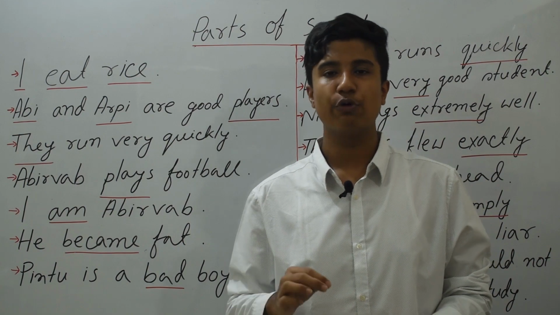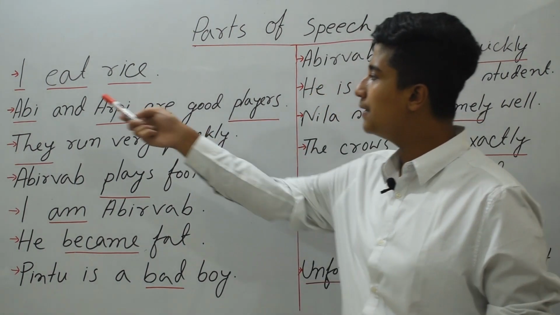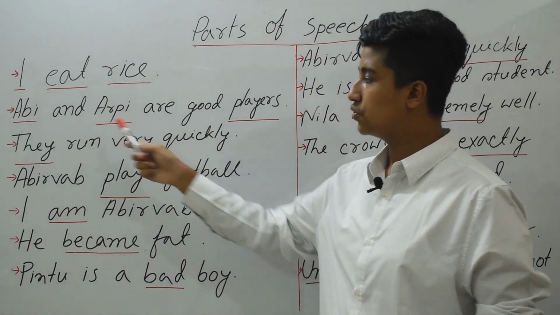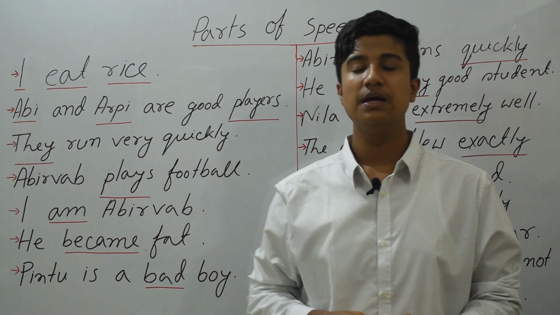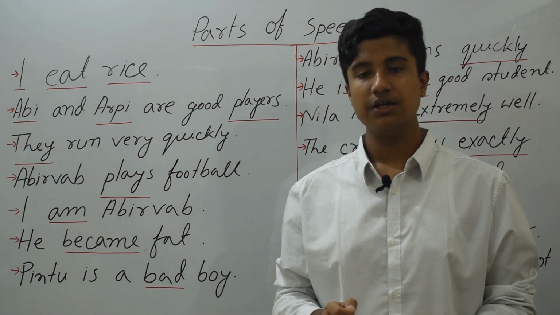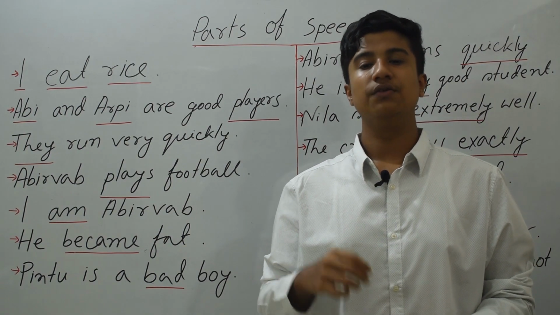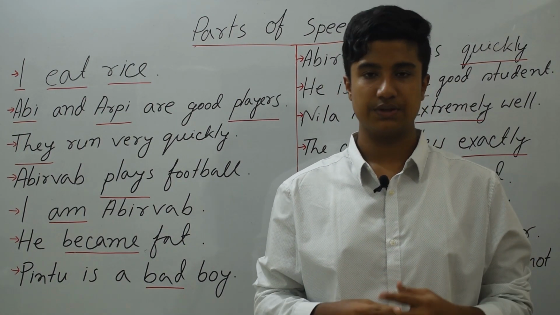In these cases, pronouns can be used. Pronouns can be used to replace Abi and Erpi and form they in the sentence, they run very quickly. Besides, he, she, it are other pronouns. The definition of pronouns: words that stand instead of nouns are called pronouns.